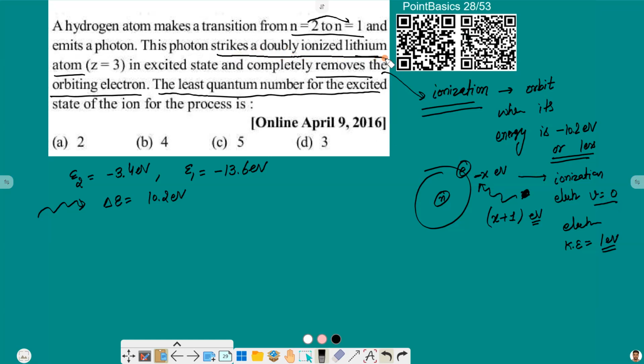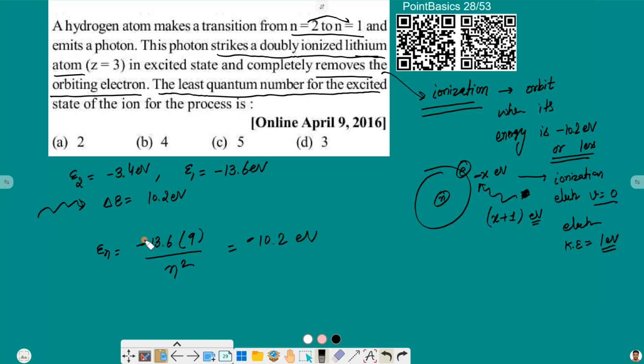So let's start by calculating the energy levels of the lithium ion. For lithium, En will be equal to minus 13.6 into Z squared, that is 3 squared, so 9, divided by n squared. Now we want this to be equal to minus 10.2 electron volt.